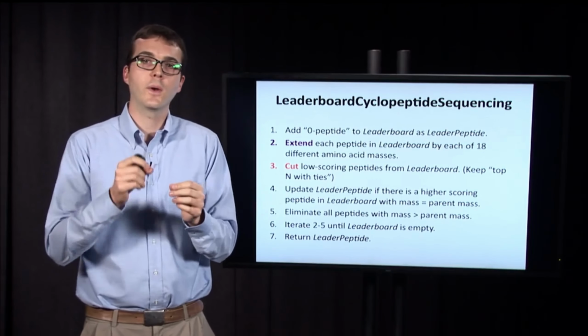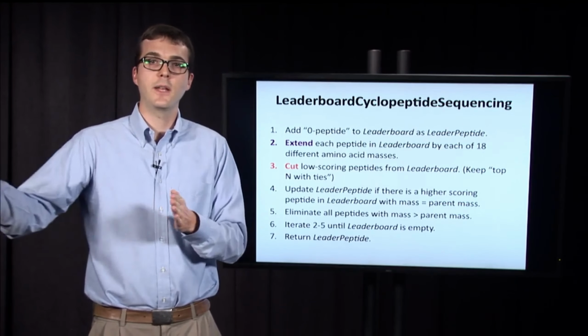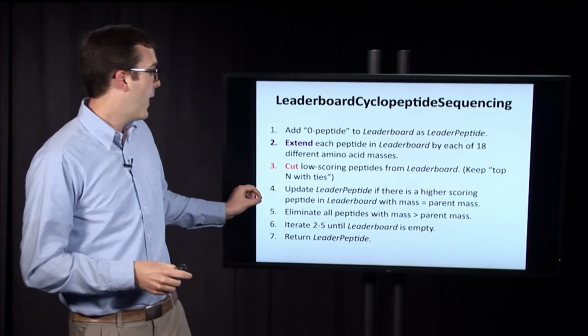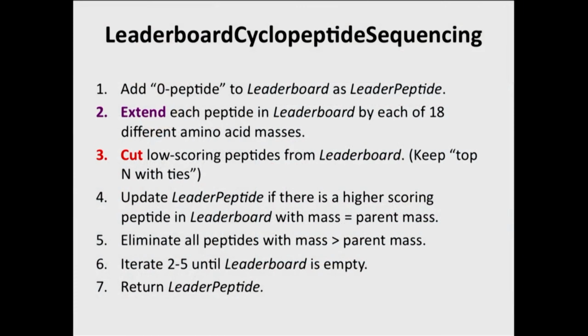So we always want to check if the candidate solution that we have has a mass that's equal to that total mass. And then we're going to eliminate any peptides whose mass is going to grow too big. If their mass exceeds the parent mass, then we're not going to want to expand them anymore because their mass is too big and we want to get rid of them too.